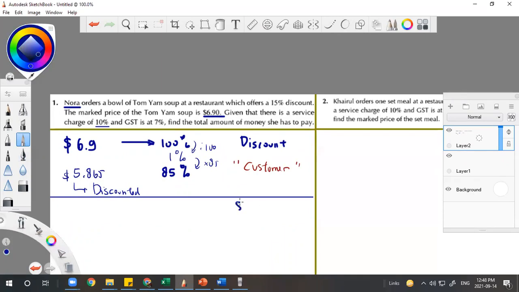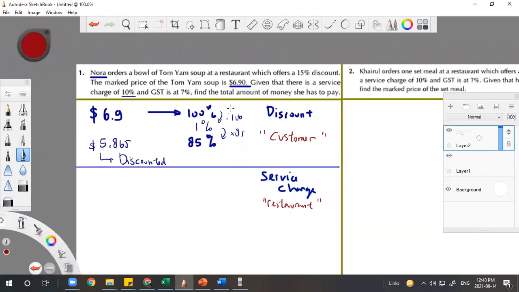Service charge. What for? For the restaurant. Okay, for restaurant. Jadi dia kan 5.865 ya. So 5.865, write down again. It's represented by 100%. Yeah, back ya, restart.